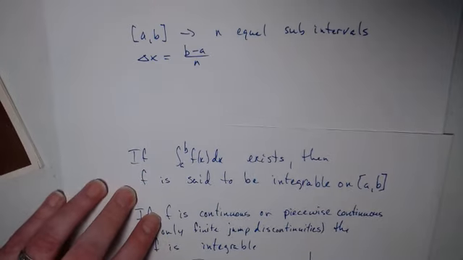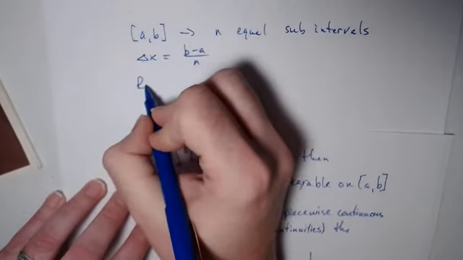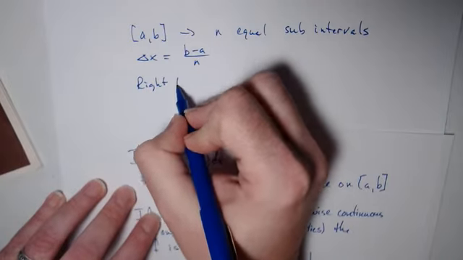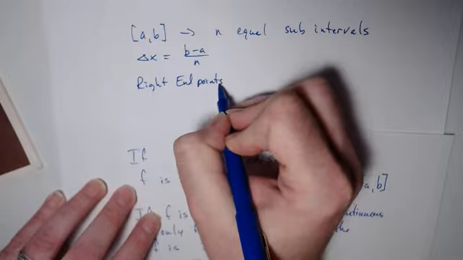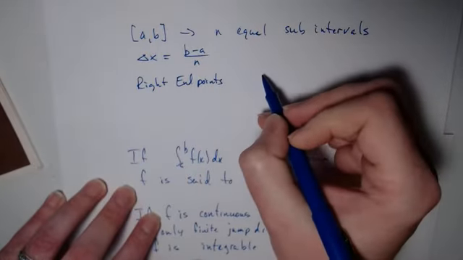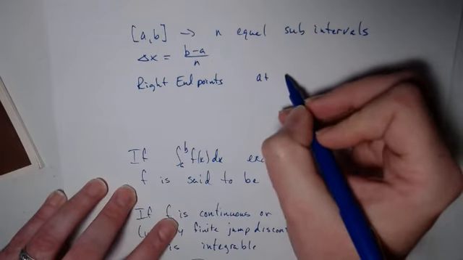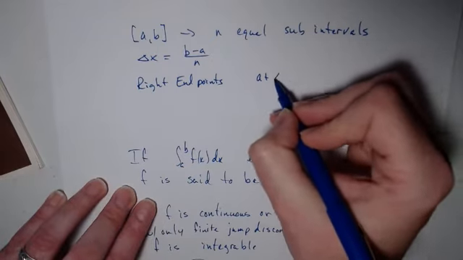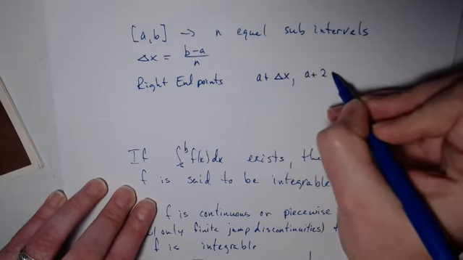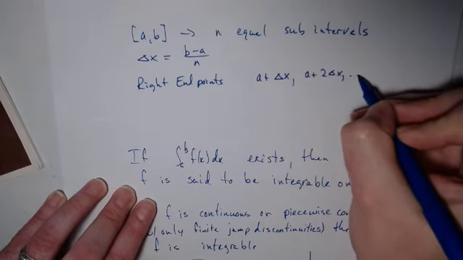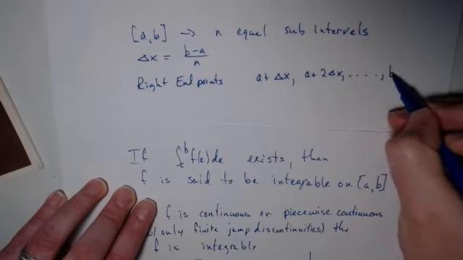And let's talk about right endpoints. I think we did this last time, but it's worth repeating. The first one would be a plus 1 delta x, and then a plus 2 delta x, and so on until we finally get b.